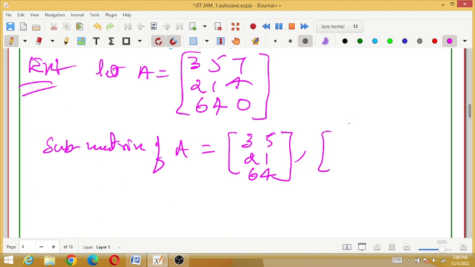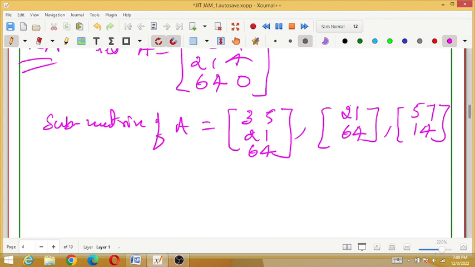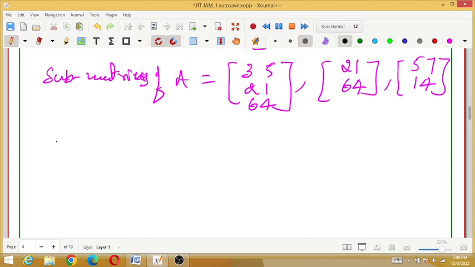Next, 2 1, 6 4. This is also one of the submatrices. Like this, 5 7, 1 4. So many will come. These are some submatrices of A. Next, one more type: upper triangular matrix.